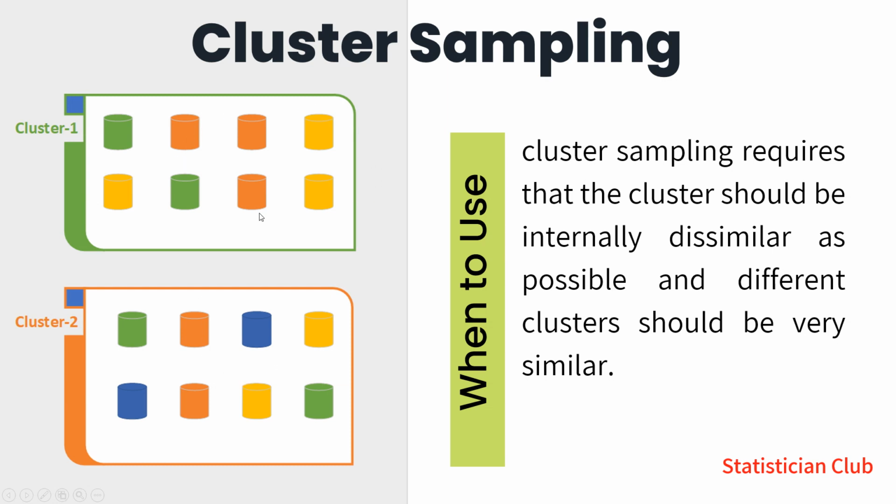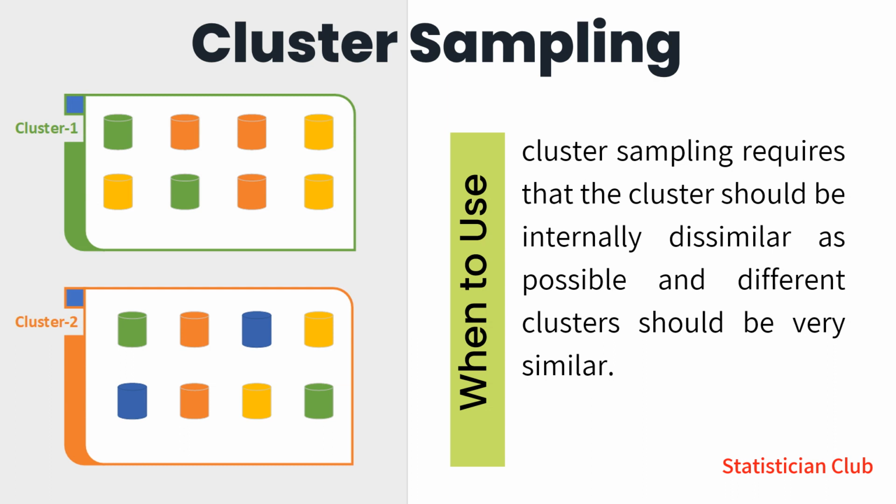As you can see, different color blocks are present here, so there is no homogeneity within cluster 1 and no homogeneity within cluster 2. But look carefully, these two clusters are similar to each other. So cluster sampling requires that clusters be internally dissimilar, but different clusters have some resemblance.